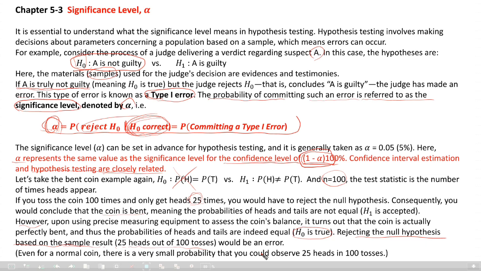So we call it alpha. H0 is correct, given, but we reject H0, then it is an error, type 1 error. So the probability of a type 1 error is the significance level alpha.